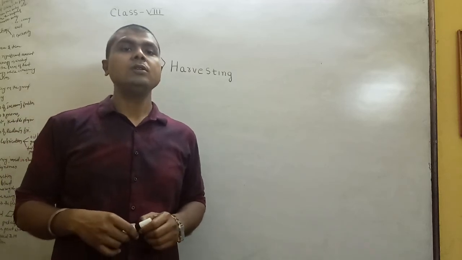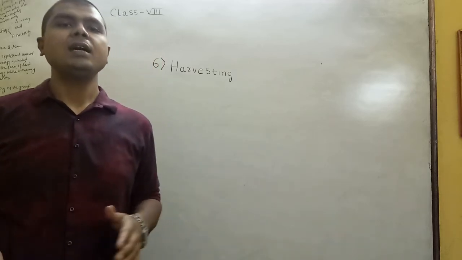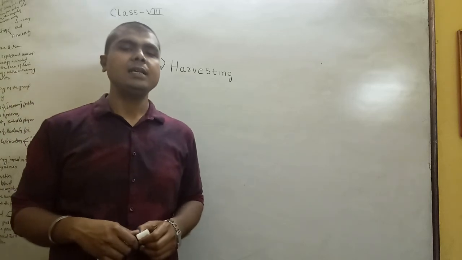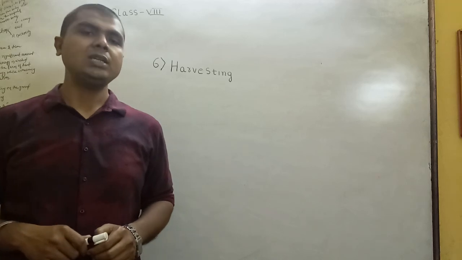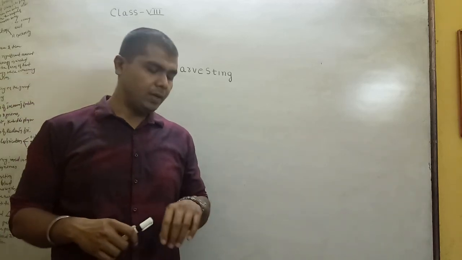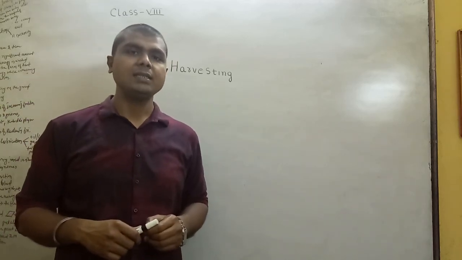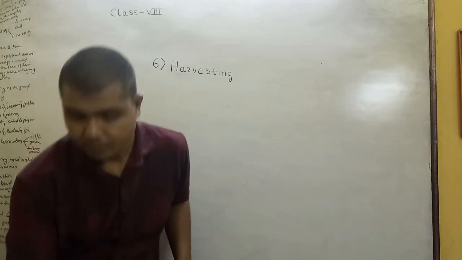So harvesting is basically cutting of the crops after their maturation. This includes both traditional practices and modern practices. This topic we will discuss in the next class. Thank you.